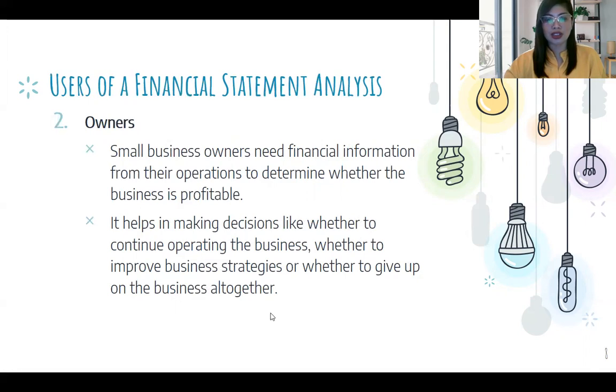As you can see, there are different purposes in accordance with the users. Of course, for the owners, the financial statement is a big help because it serves as their basis for what strategies they are going to use, whether they are going to still pursue their business or not, and many other decisions regarding their business.